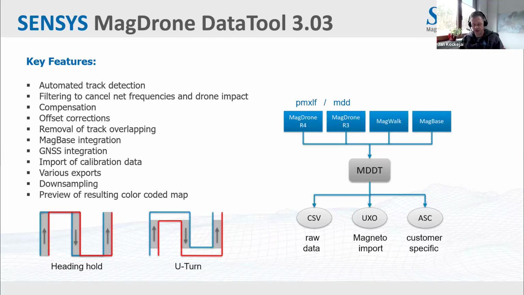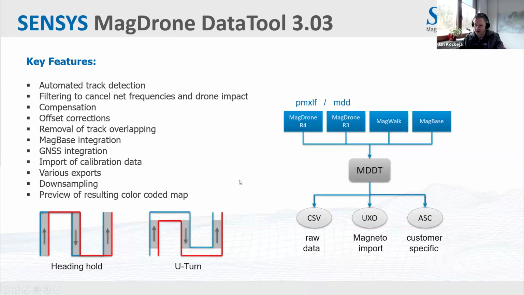You can import calibration data. I will show that. And as I mentioned before, you have various exports. You can downsample the data, and at the end of the processing, you will get a first preview of the resulting color-coded map.